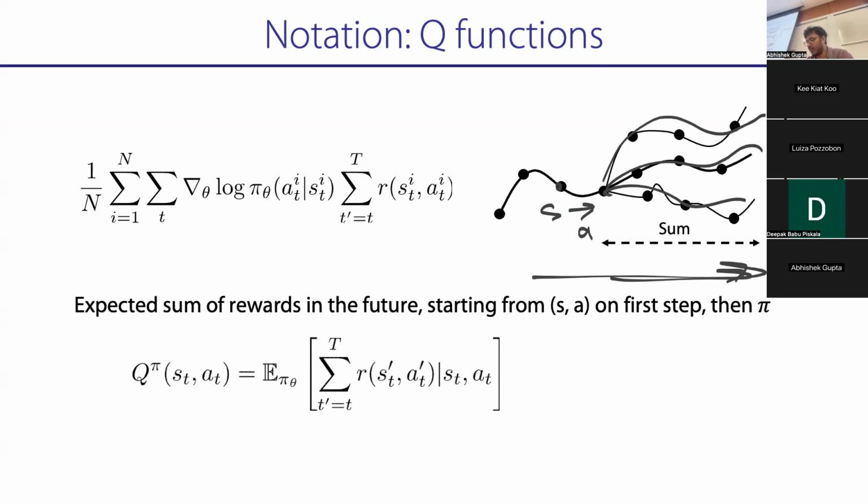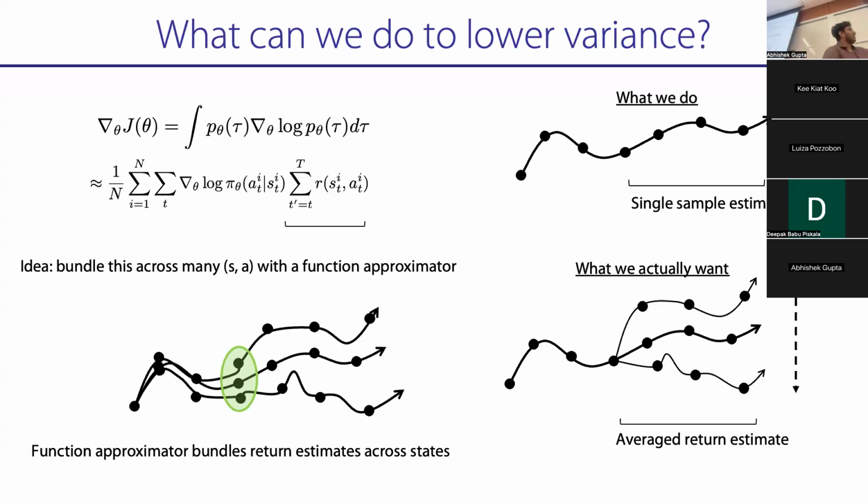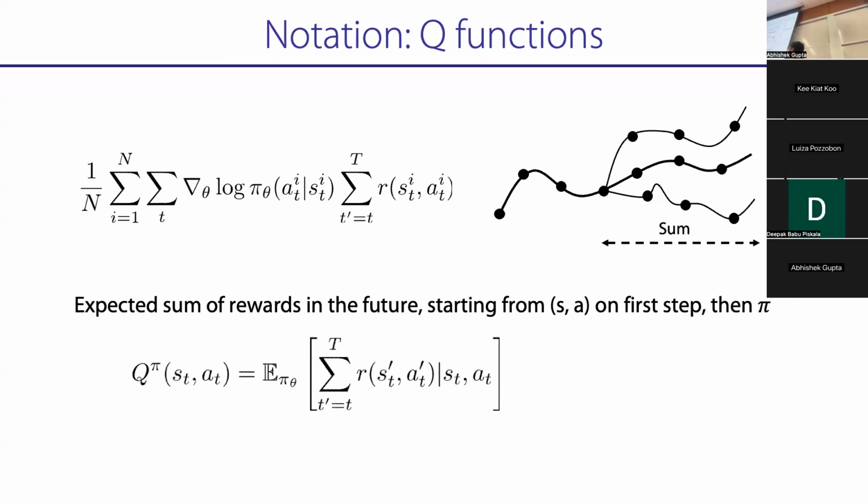That's the Q function. You can think of it as a proxy for the thing that we care about. In a way, the Q function tells you how good an action A is at some state S, by measuring the expected future rewards when you take action A but follow policy pi after that.